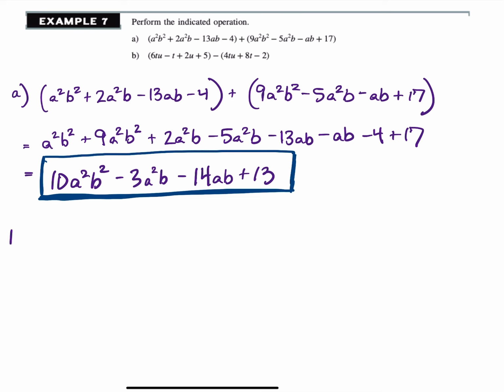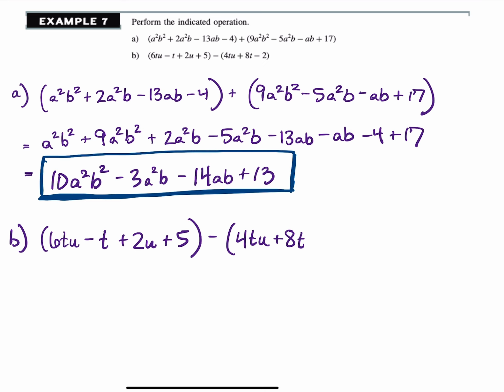So let's see part B. We have 6tu minus t plus 2u plus 5, minus 4tu plus 8t minus 2.